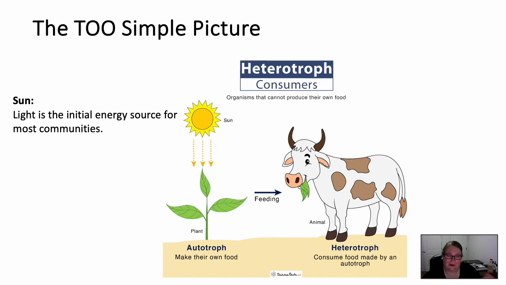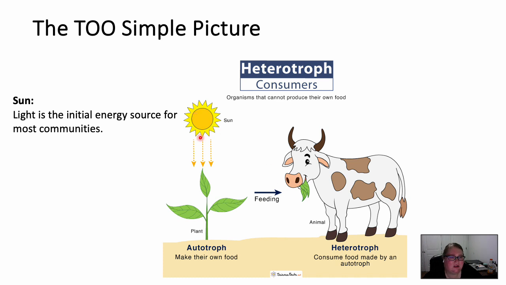We all know, hopefully, by the time we get to biology or microbiology that life on Earth gets all of its energy from the sun. Okay, so the sun provides energy in the light rays. Plants are going to capture that light and they're going to use photosynthesis to make oxygen gas and sugar. Okay, so they make their own food. And then heterotrophs are going to come and eat the autotrophs and other heterotrophs.